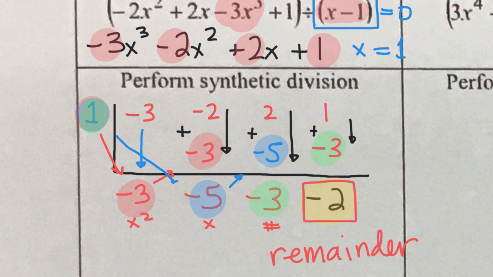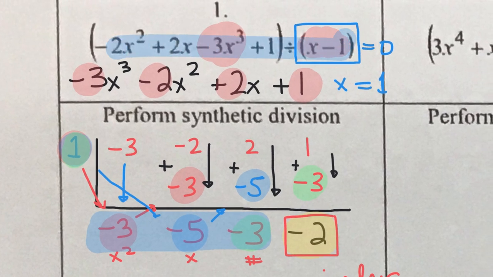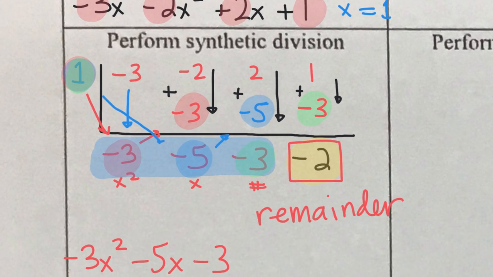So we can look at these numbers down here. These become coefficients of another polynomial, the polynomial that you get when you do this division up here. You divide a polynomial by a polynomial, and the answer is a polynomial. So it's given to you by all the numbers on the bottom. And we'll use that in a minute, just not just yet.